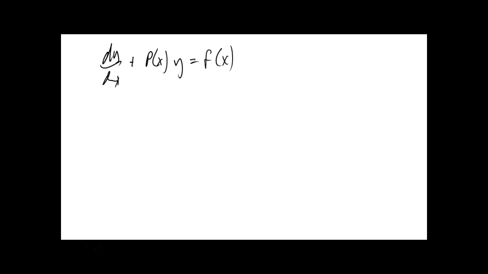And they talk again about going back to the remarks at the end of section 1.1 when they talk about general solutions. Now by writing 2 in the normal form, y prime is equal to capital F of x, y, we identify that capital F of x, y is minus p of x y plus f of x, because you just subtract this from both sides and that's what you get, okay?